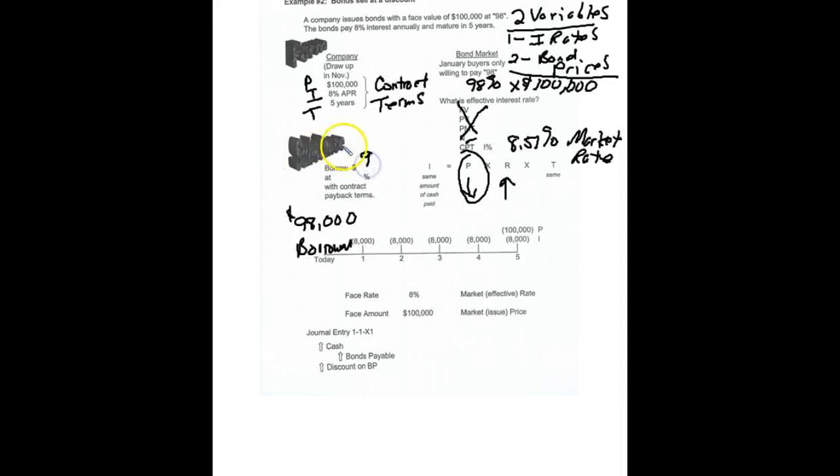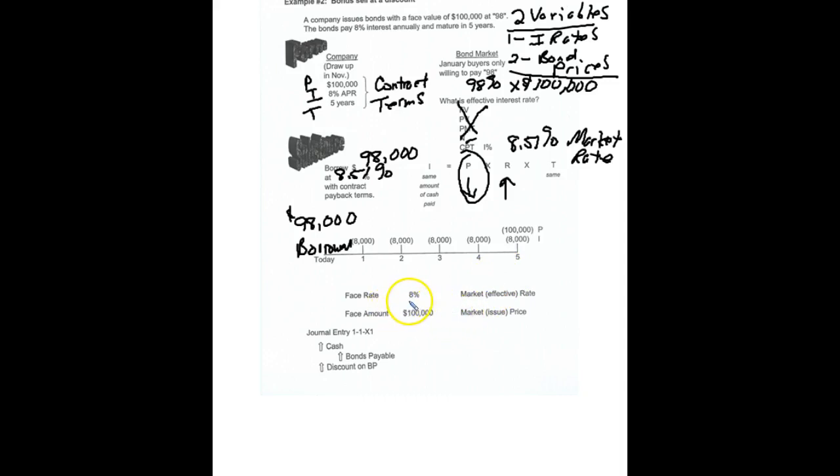So in substance, so here's our legal form. Here's our legal form of the contract. But in substance, we borrowed $98,000 at 8.51%. Okay, we didn't get $100,000 at 8%. We're really getting $98,000, and the payback terms at $98,000 for 8.5% is this.